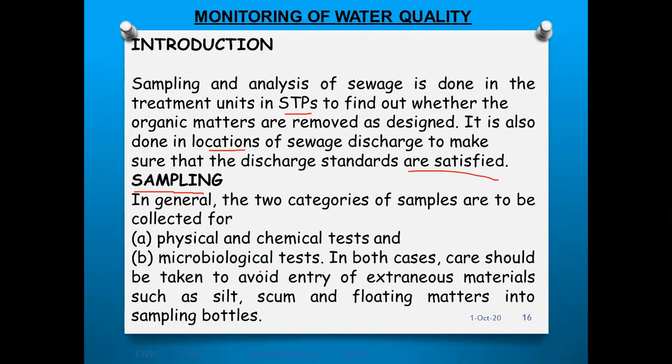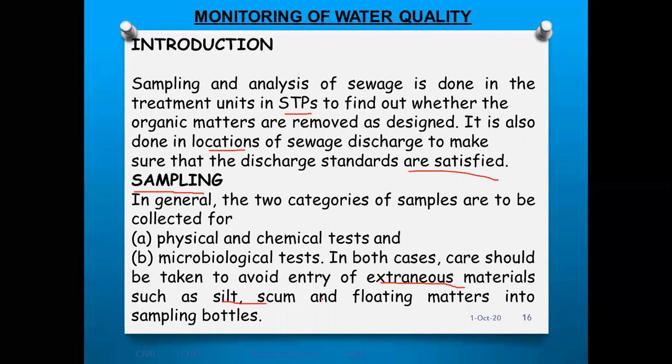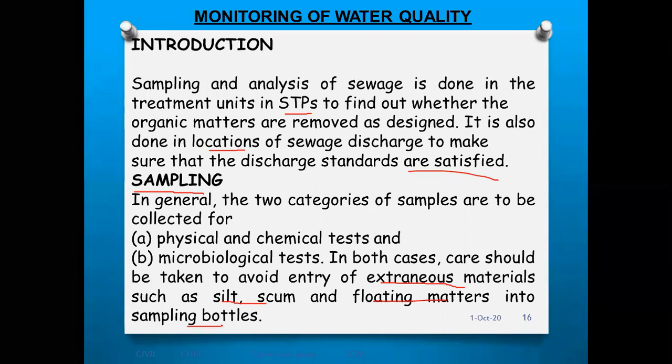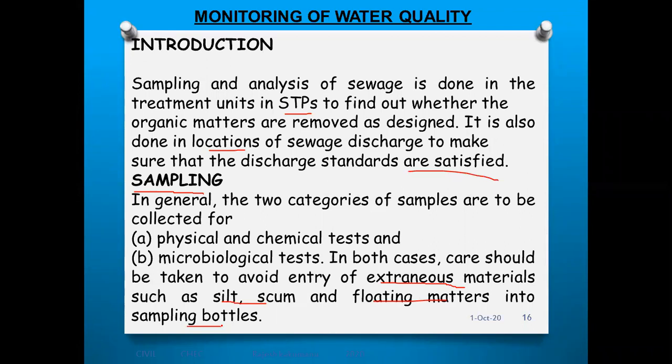In both the cases, care should be taken to avoid entry of extraneous materials such as silt, scum, flotation matters into the sampling bottles. So whenever you are going for sampling, whenever you are going for testing of the waters, either chemically or microbiologically, very care should be taken for collection of the water. So what is the care? Whenever you are collecting the water, you should avoid the entry of scum material, silt material, floating material into the bottles.